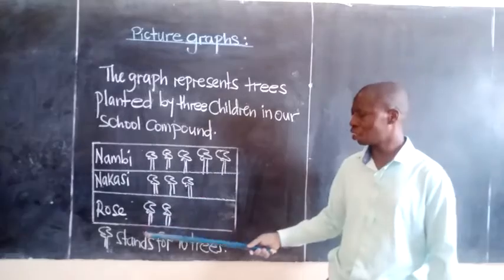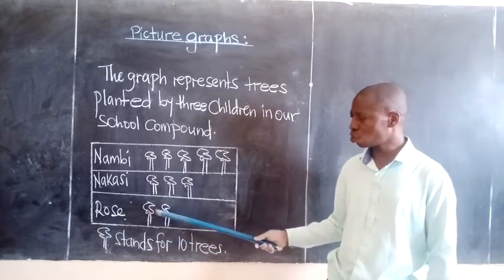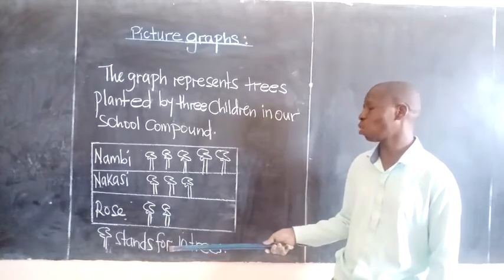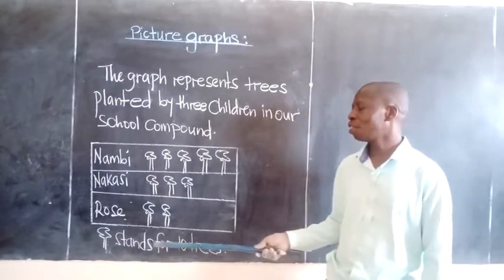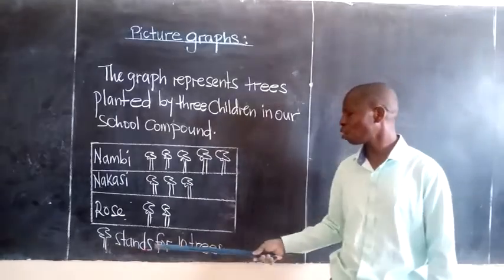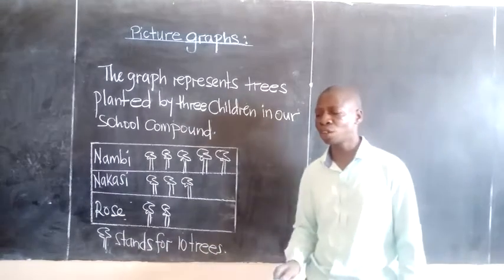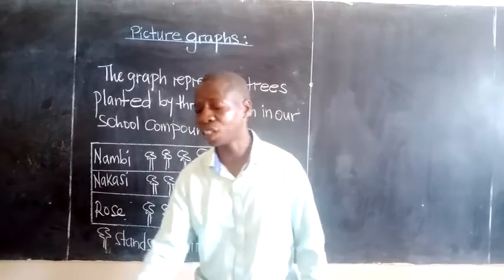And now this is a scale. The 2 does not mean the real 2. This one has got a scale. They are saying 1 tree stands for 10 trees. So what does that mean? Wherever you see 1 tree, that means there are 10 trees there.